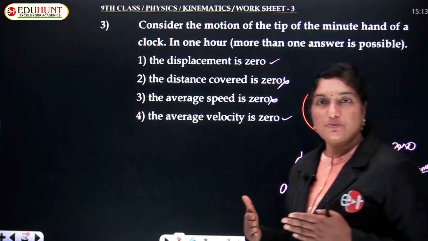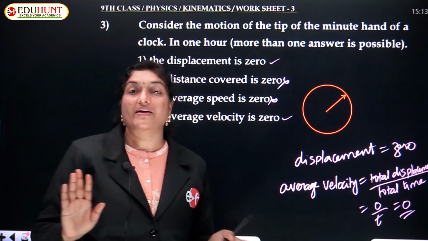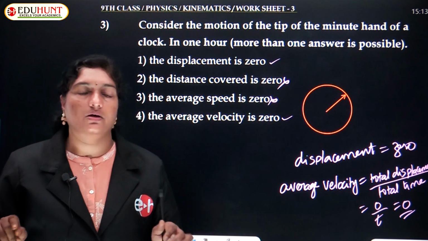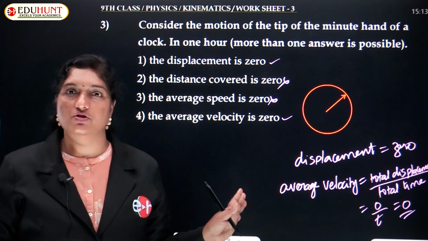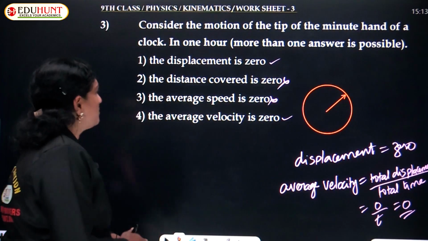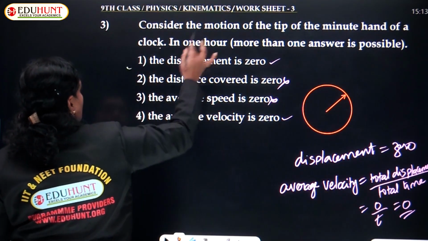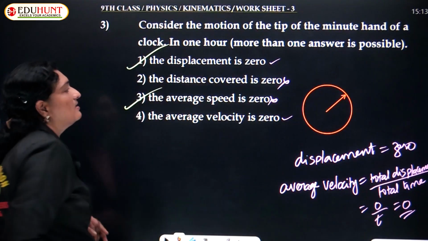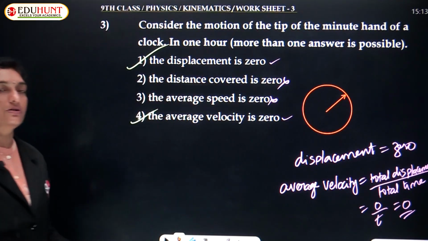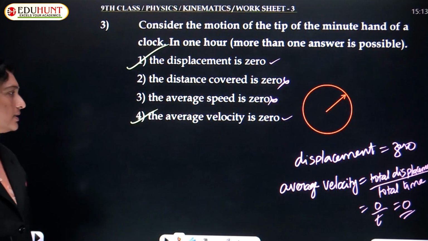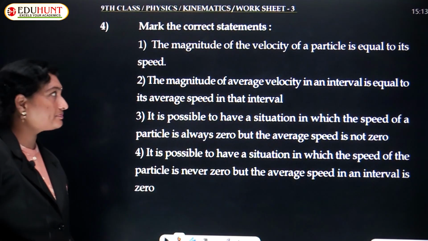Whenever displacement is 0, velocity is also 0. Whenever distance is non-zero, speed is also non-zero. So what is the correct option? You have two correct options for this question, children: the first option is true, as well as the fourth one. Two options are correct. Moving ahead with the next one, the fourth question.